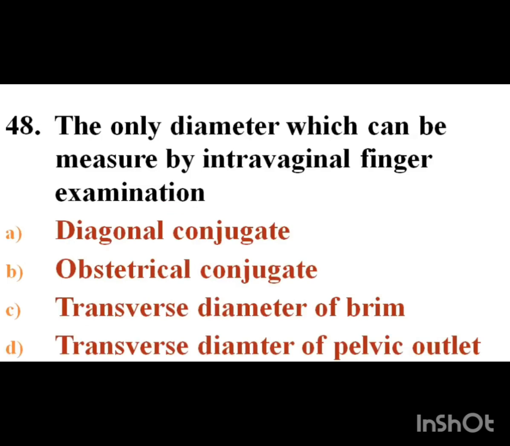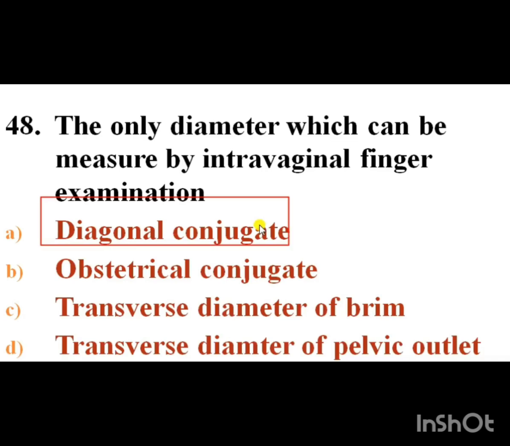Next question, the only diameter which can be measured by intravaginal finger examination. Options A, diagonal conjugate, B, obstetrical conjugate, C, transverse diameter of brim, D, transverse diameter of pelvic outlet. Answer is A, diagonal conjugate. So the only diameter which can be measured by intravaginal finger examination is diagonal conjugate, which is about 12 cm.